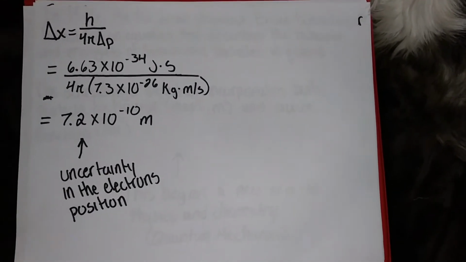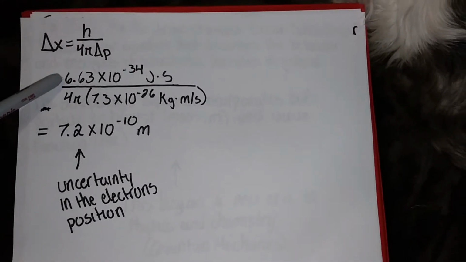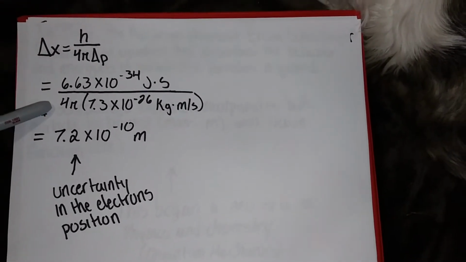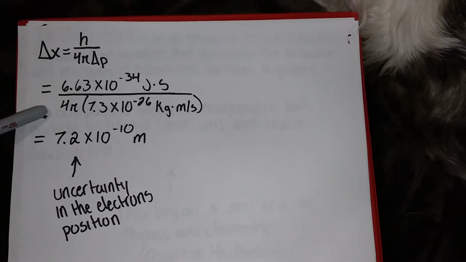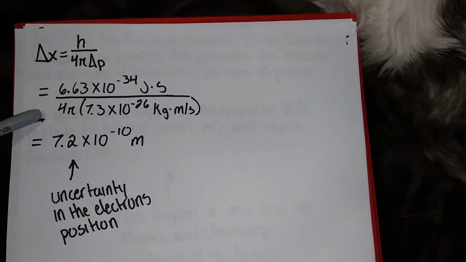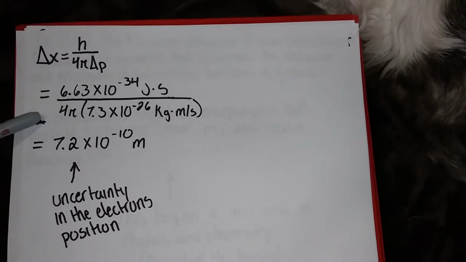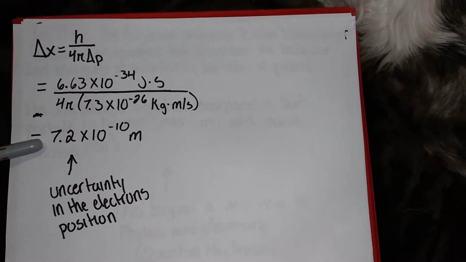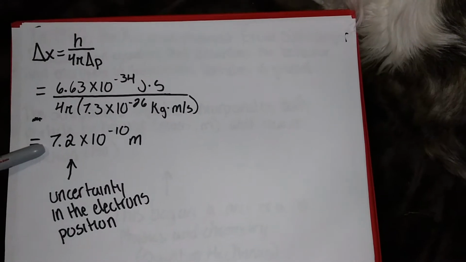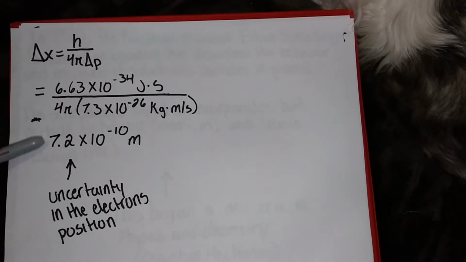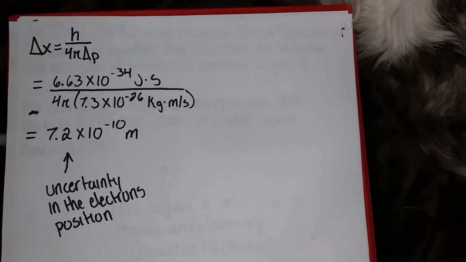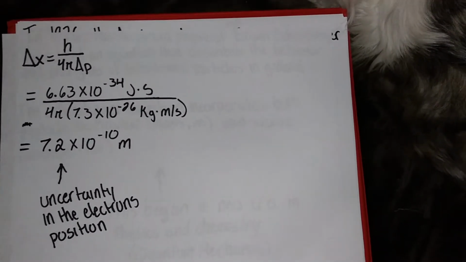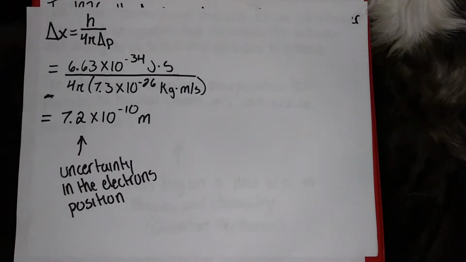And that's 6.63 times 10 to the negative 34 joules times seconds divided by 4 pi times 7.3 times 10 to the negative 26 kilograms times meters per second. The answer to that is 7.2 times 10 to the negative 10 meters. And this answer is the uncertainty in the electron's position. And that's the answer to the whole example.